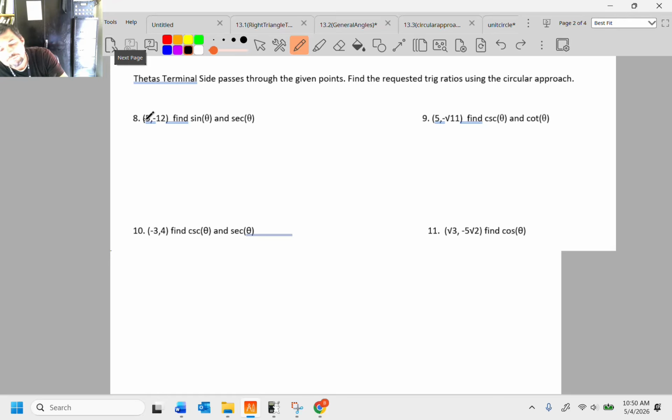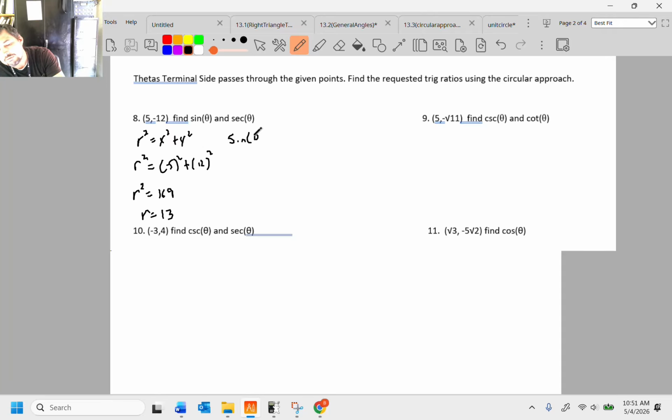So according to the circular approach, r squared is x squared plus y squared. This is actually a special pattern. It's a 5, 12, 13. But r squared is negative 5 squared plus 12 squared. That's 25. That's 144. R squared is 169. So the radius is 13. Now find sine.